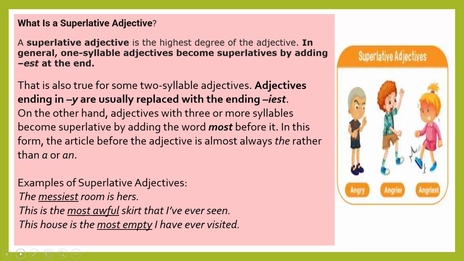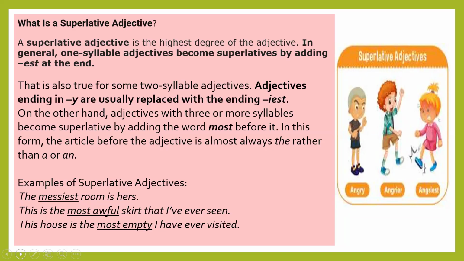Adjectives with three or more syllables become superlative by adding the word most before them. In this form, the article before the adjective is almost always the rather than a or an.